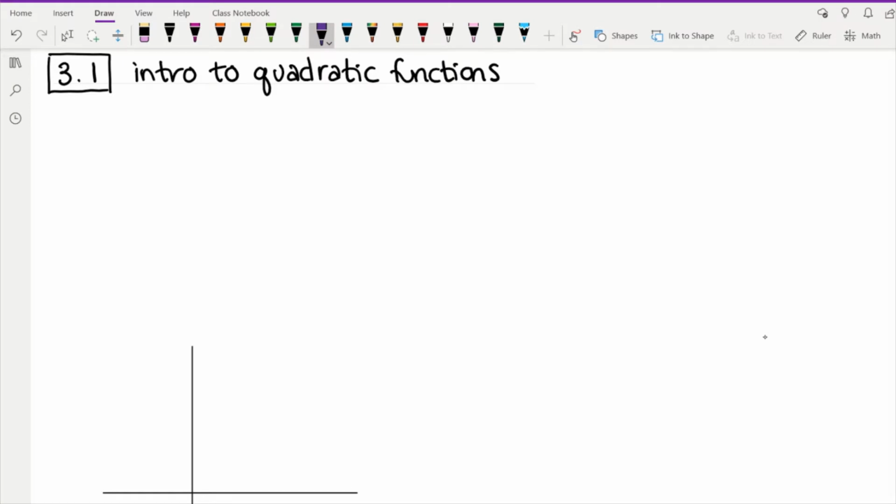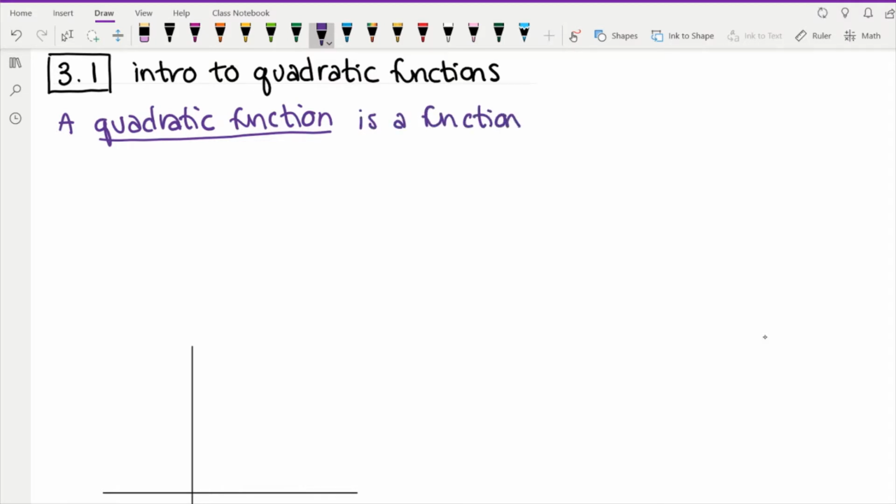Okay, so what is a quadratic function? So a quadratic function is basically just a function where your highest power of x is x squared. So I'm going to write that kind of formally here. So it's a function of the form f of x is equal to ax squared plus bx plus c.